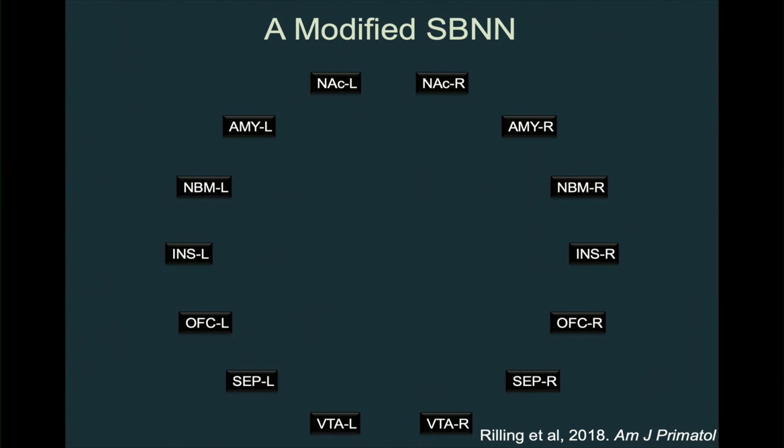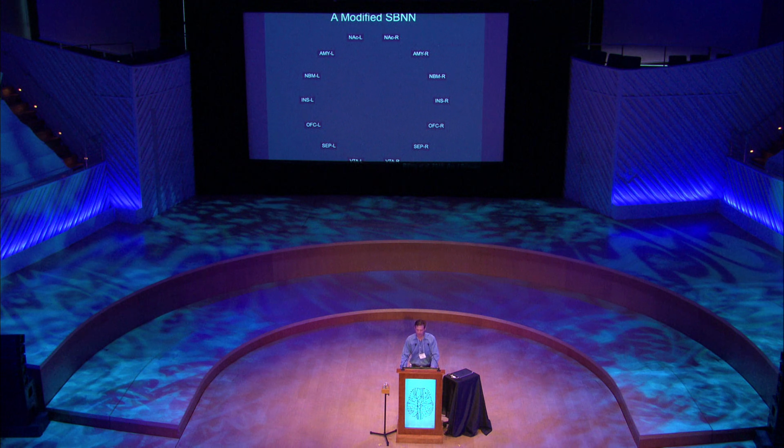But basically we define regions of interest bilaterally in each of the regions that you see shown here. So these are the nucleus accumbens, the amygdala, this is the nucleus basalis, the anterior insula, the orbital frontal cortex, the lateral septum, and the ventral tegmental area.